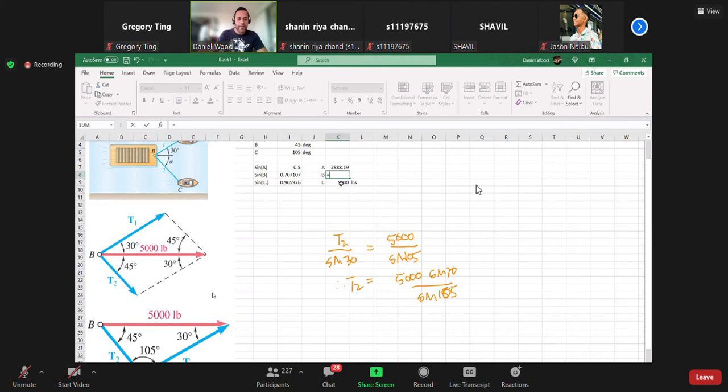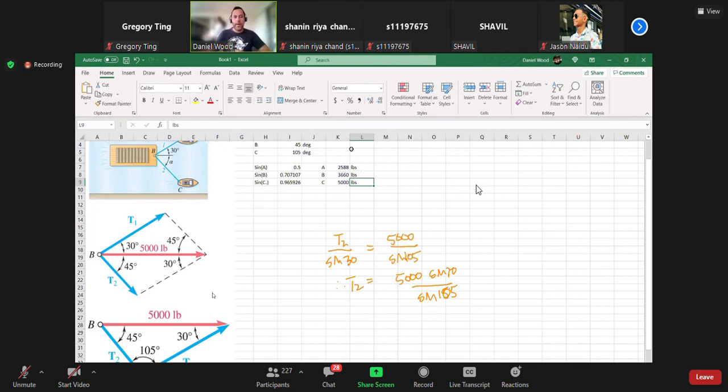So I can go equals 5,000 times sine of 45 divided by sine of 105, and I get 3,660 pounds. And then I can just remove that. So that's my final solution.